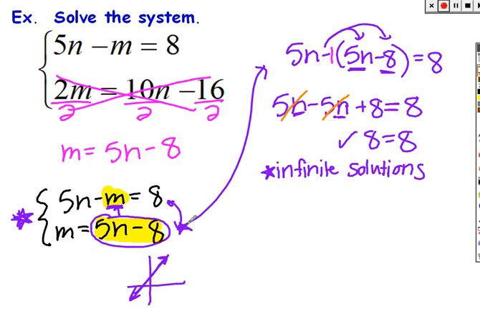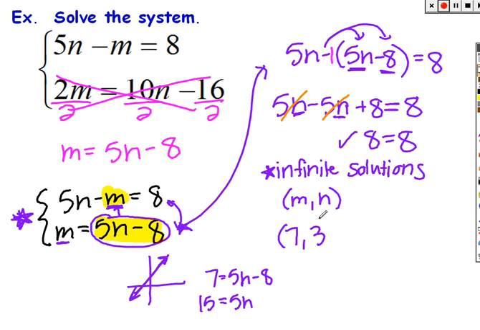If I have m and n, if I wrote it as a coordinate, I just write it in alphabetical order, so m first, then n. So let's just see, if I plug in 7 for m, right here I'd have 7 equals 5n minus 8. If I go through and solve this, it looks like n would be 3. This would be one possible solution.